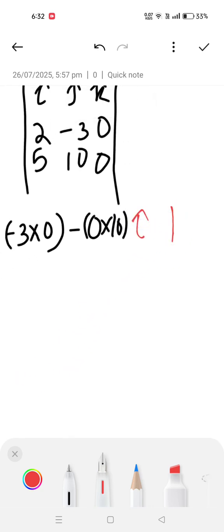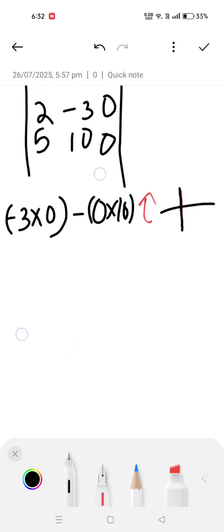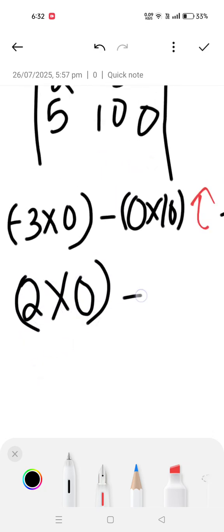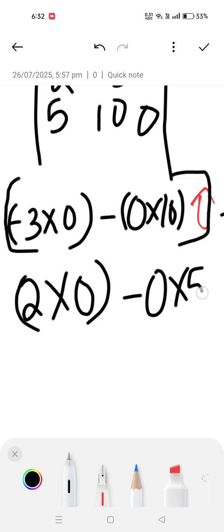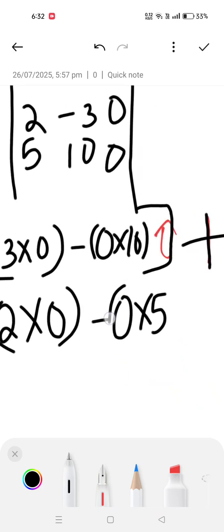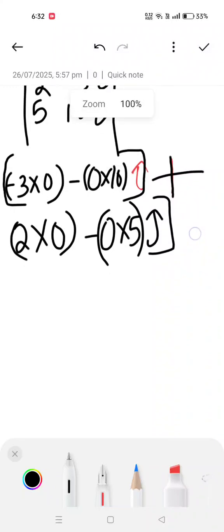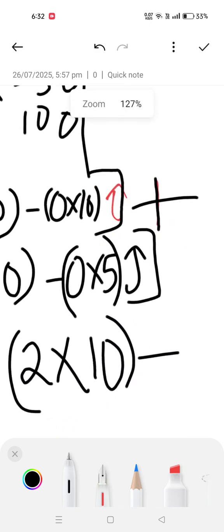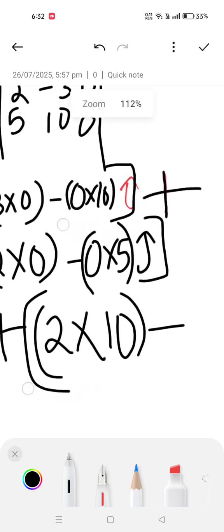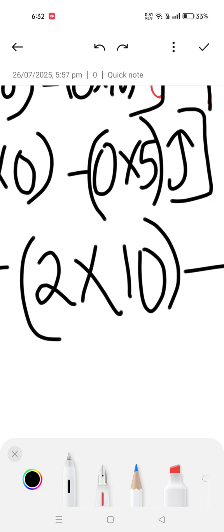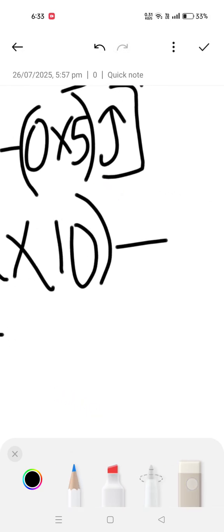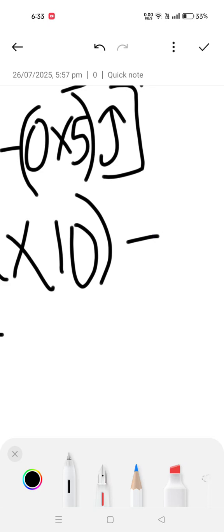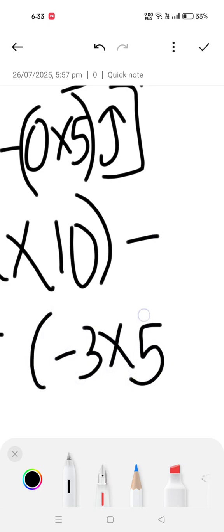Plus 2 into 0 minus 0 into 5, j cap, plus 2 into 10 minus minus 3 into 5, k cap.